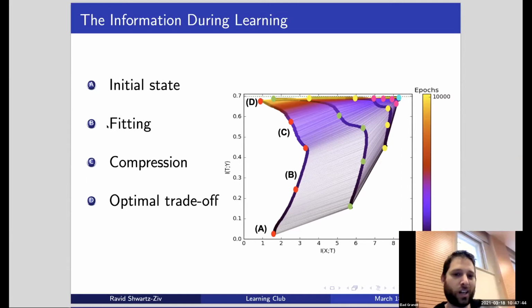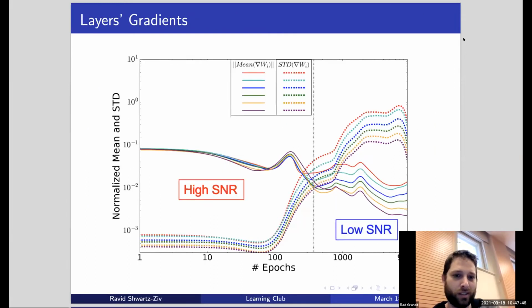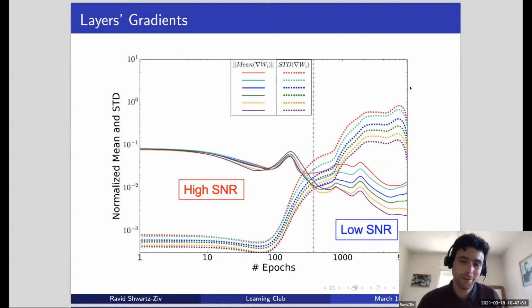Another chat question: how exactly is the mutual information measured in the network? It's a very good question. In this work, we did the binning. Because we used the hyperbolic tangent, we can bin the values between -1 and 1.